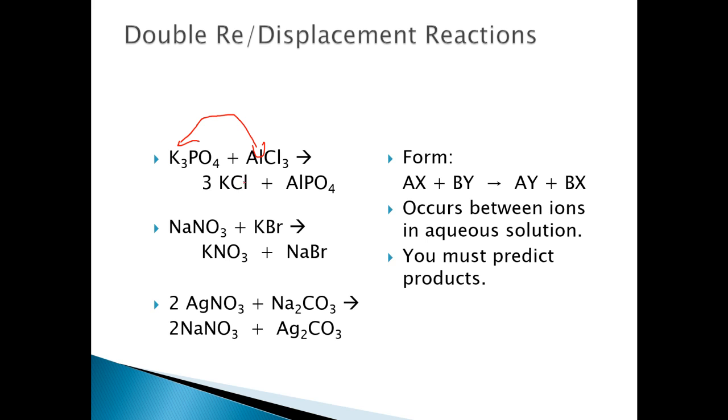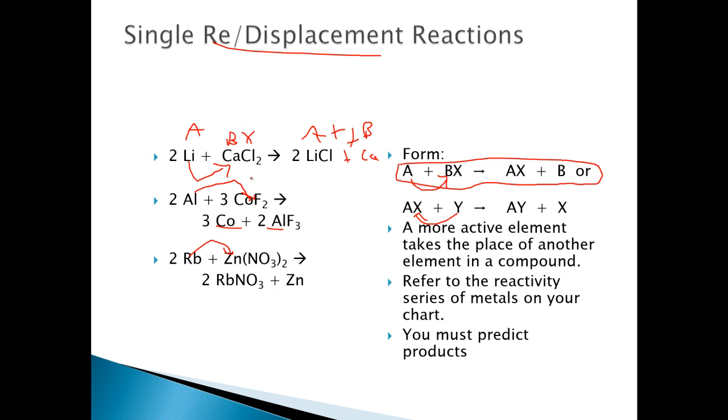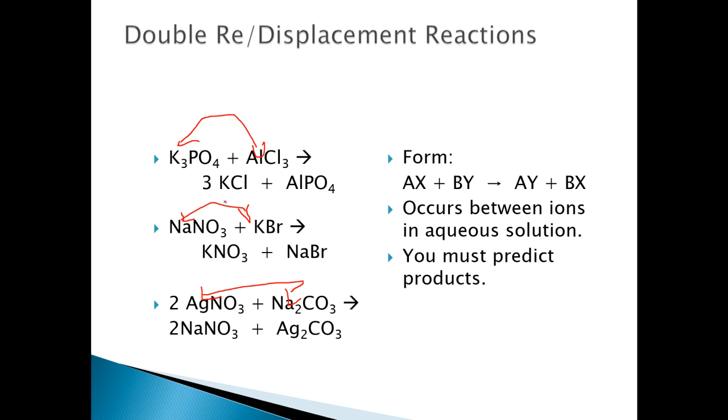Now the potassium is bonding to the chlorine and the aluminum is bonding to the phosphate. Same thing down here. Your metals generally switch places, and you can see these are all occurring between ionic compounds in both examples. This is an ionic compound, this is an ionic compound, all of these are ionic compounds. As you can see, it says it occurs between ions in aqueous solution.